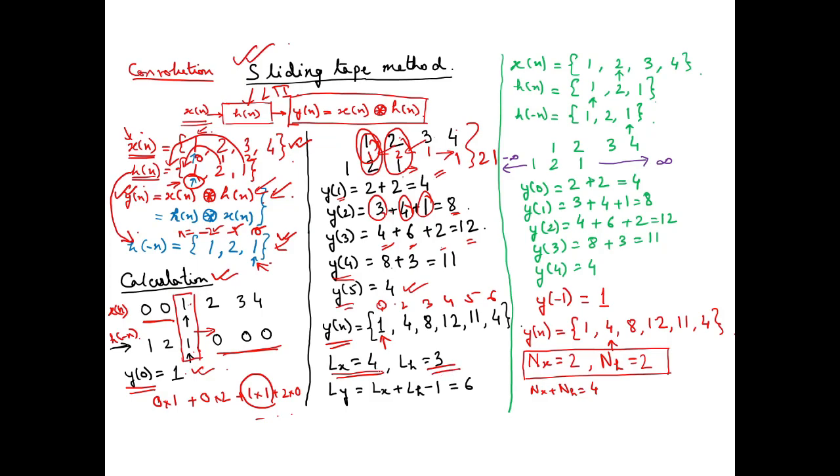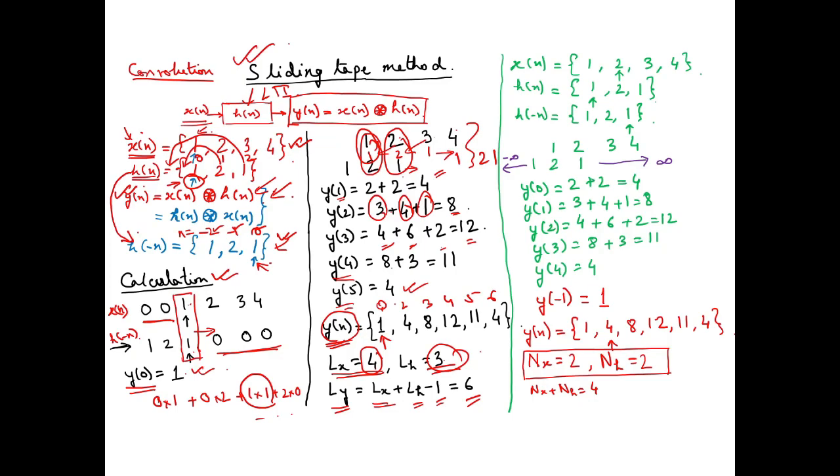If you are given the length of x and the length of h, we can find the length of the output, which is given by length of x plus length of h minus 1. So 4 plus 3 equals 7, minus 1 is 6. That's why we got the length of y of n as 6. It is not important at this stage, but at a later stage we will see why it is important.